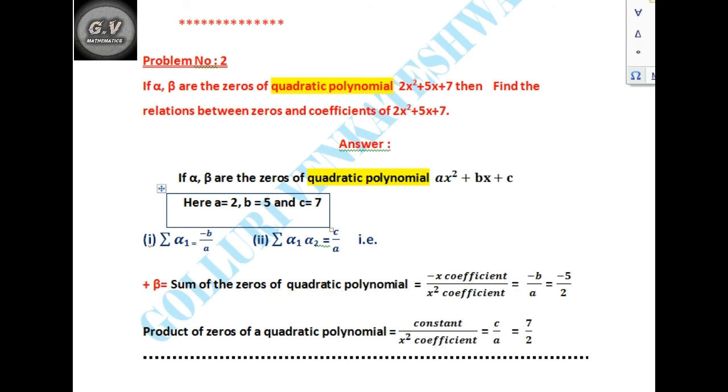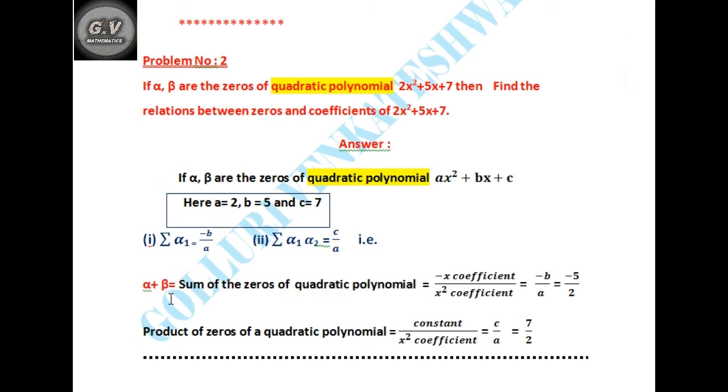Alpha into beta is equal to the product of zeros, c by a. What about the value of c? The constant value is 7 by a. a is nothing but the x square coefficient. The a value is 2, so 7 by 2.